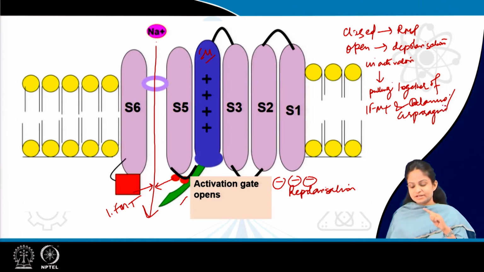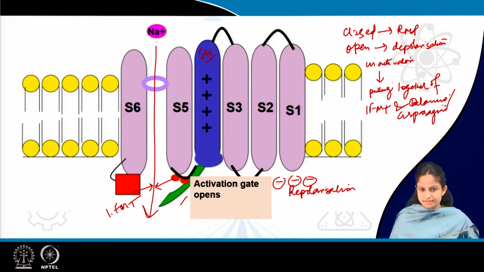So, for the inactivation gate to become closed again, repolarization has to occur. So, this is the molecular mechanism of voltage gated sodium channels, how it opens, or the gating mechanism.